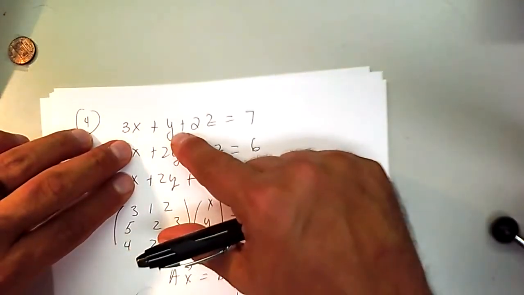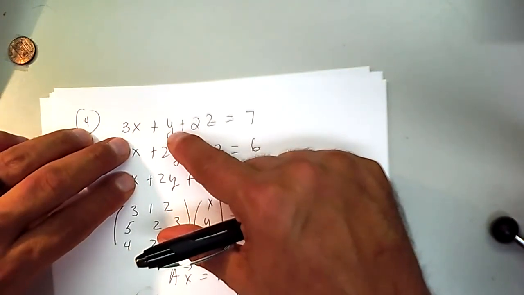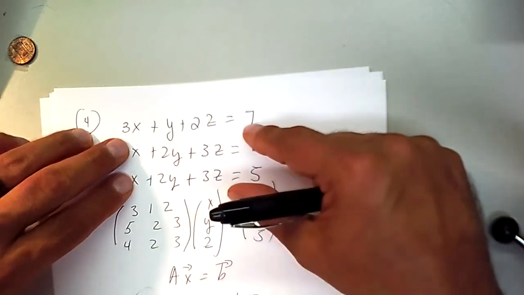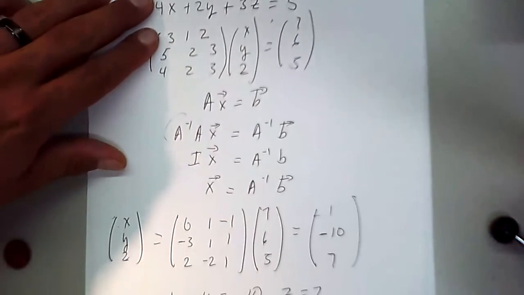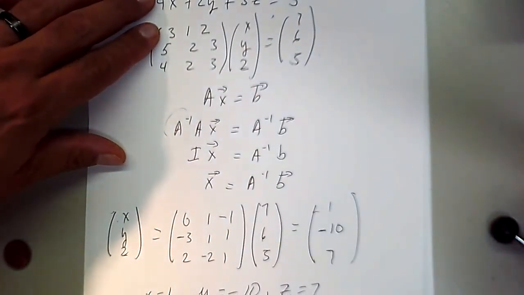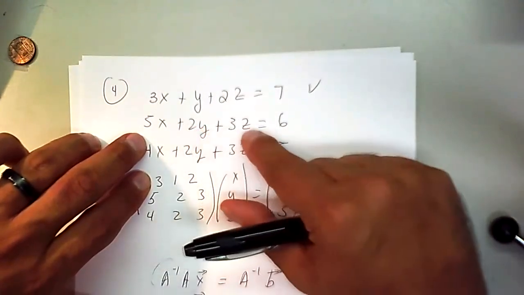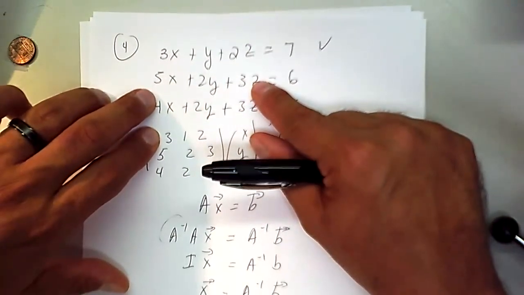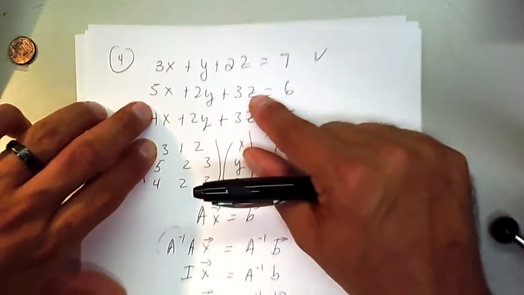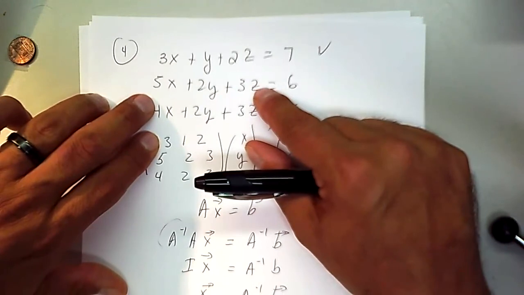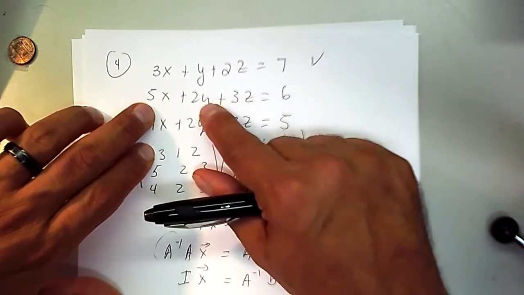Yeah, because that would be 3 minus 10 is -7, plus 14, 7. So that would work here. 5 times 1 is 5. That would be negative 20. And 3 times 7 is 21. 21 plus 5 is 26 minus 26.